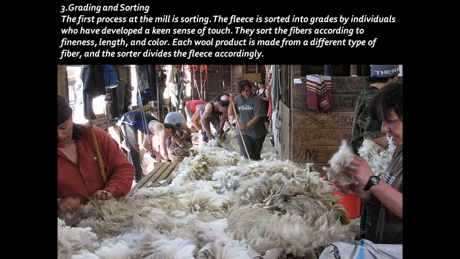They sort the fibers according to fineness, length and color. Each wool product is made from different types of fiber and the sorter divides the fleece accordingly. This is the third step where the types of woolen fibers are sorted or graded.